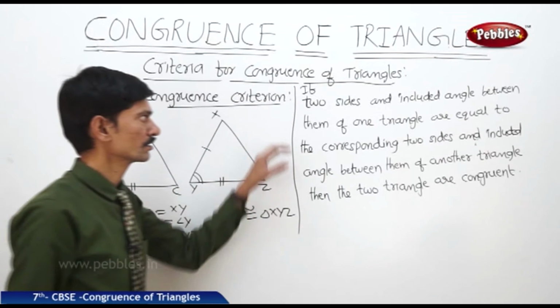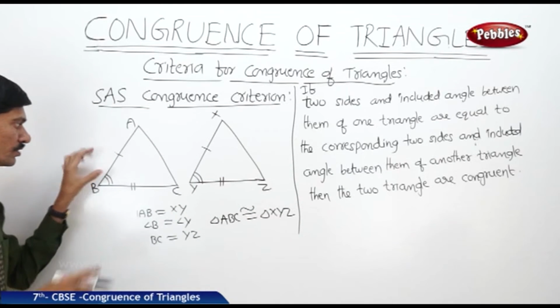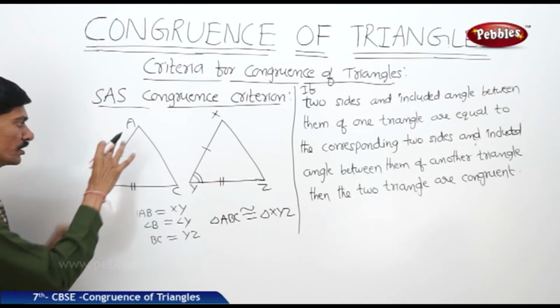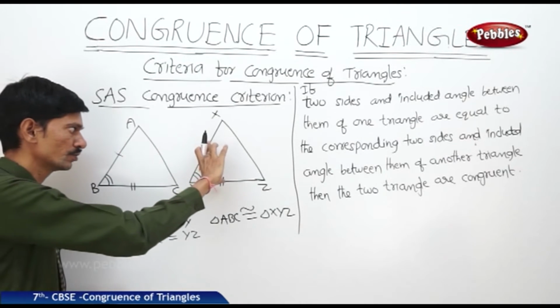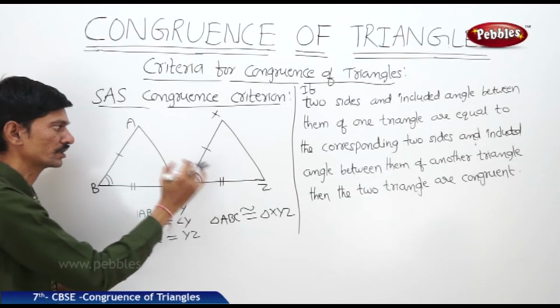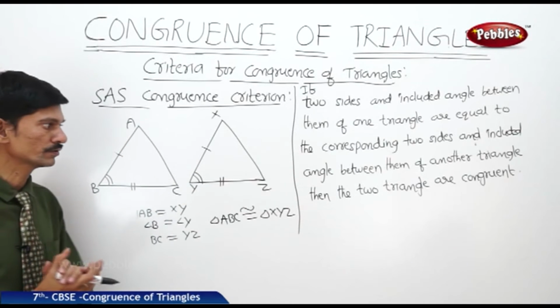Now according to the side angle side congruence criterion, if the two sides and the included angle of one triangle are respectively equal to the two sides and included angle of the second triangle, then the two triangles are said to be congruent to each other.